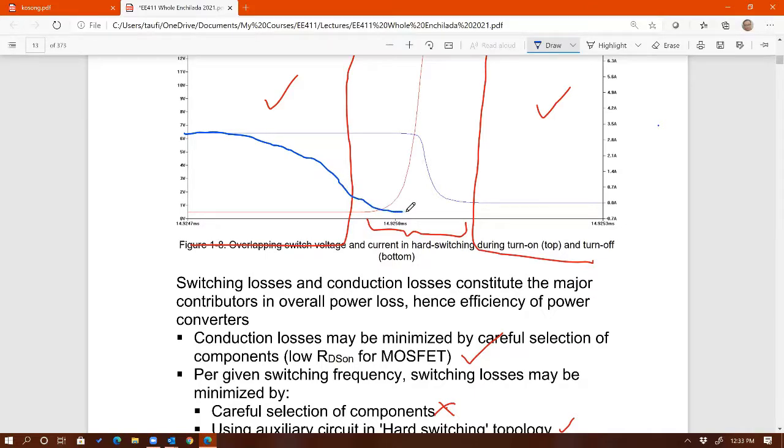And then I'm going to keep the same current. Current is red. So by doing so, I'll wait until the voltage across the switch naturally goes to 0, and then once it goes to 0, I can turn on the switch. You see that? If I can do that somehow, then I could get rid of the overlap, or minimize the overlapping waveforms. So that's the approach. Does that make sense, hopefully?